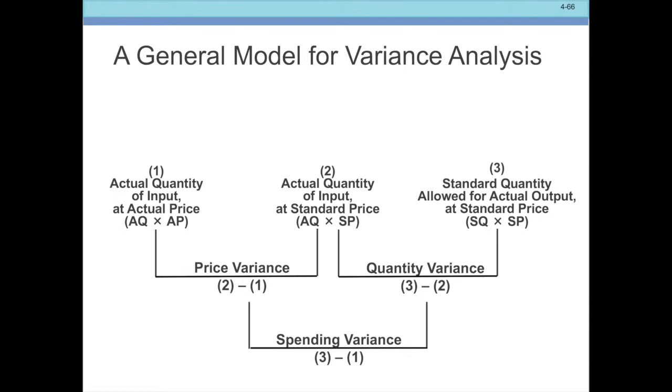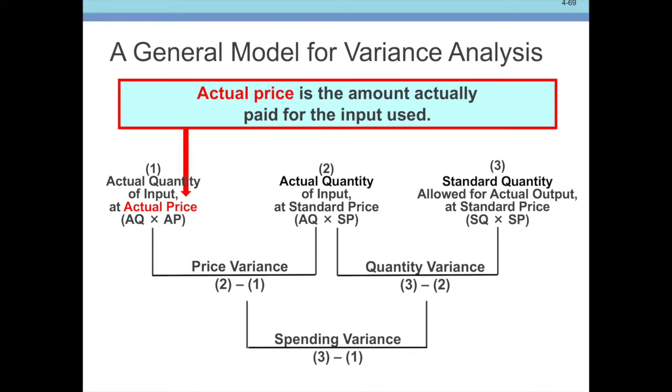And then at the other level, the second level that's multiplied by, you get actual price in number 1 and standard price in 2 and 3. So we're basically taking data and multiplying it by each other and then comparing them next to each other in the second level down. If you didn't grab all that, that's okay, because an example or two will explain it to you. So we're going to get to those in just a second.